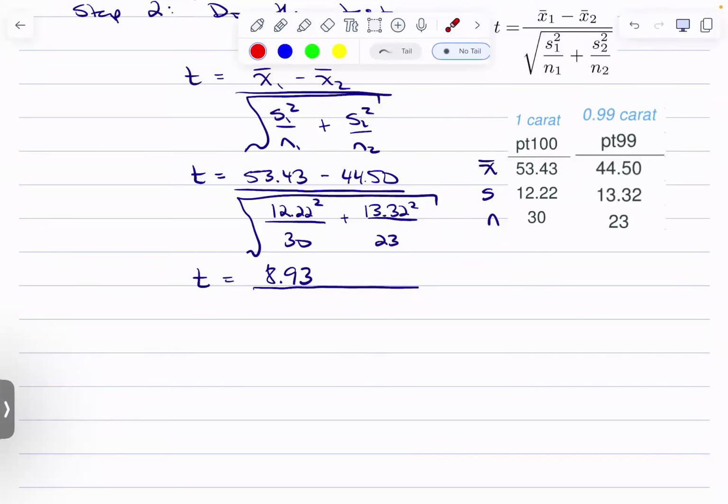12.22 squared divided by 30. Now I have a store function, so I'm going to use it. 13.32 squared divided by 23. Oops. Plus, and then square root that.